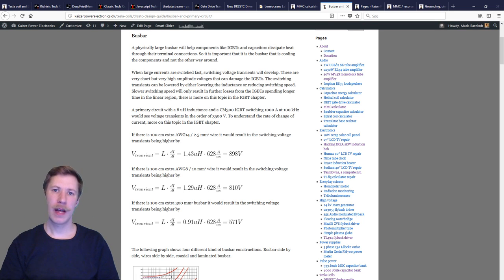And depending on how large this inductance is, we will see larger or smaller voltage spikes or transients.